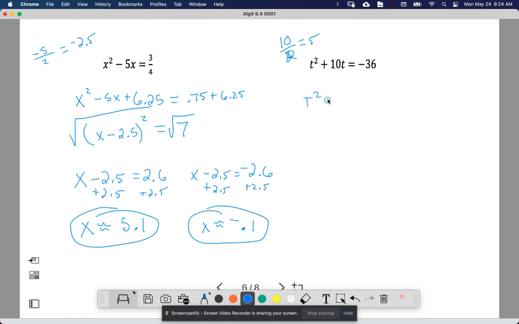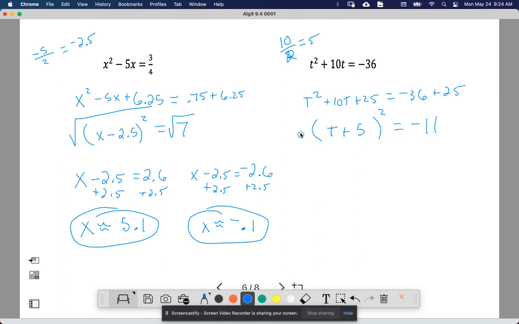We went t squared plus 10t plus 25. I don't want to lose anyone. Equals a minus 36. Then we do this. So it became t plus 5, all that squared equals, and again, we had to add 25 to this side. When I add 25 to this side, I still have a minus 11.